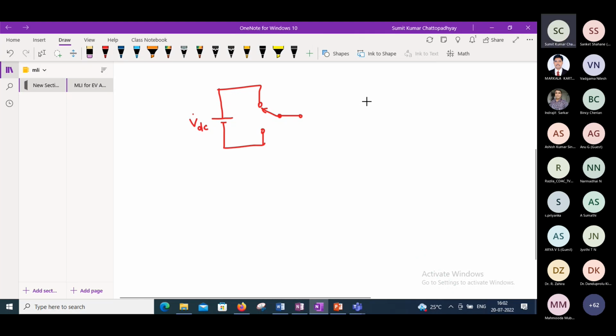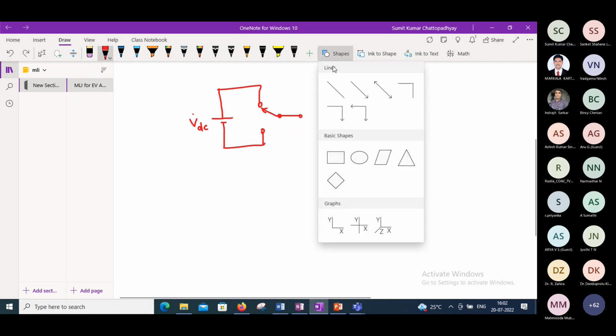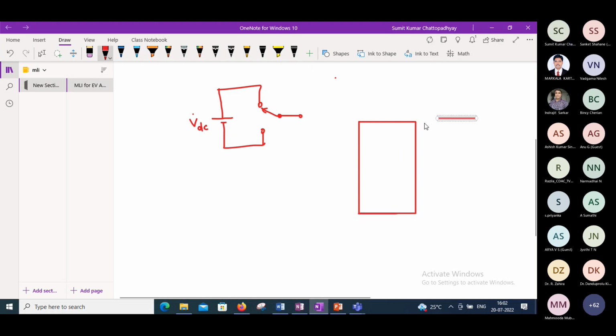And I want all of you to participate. For now, just forget that we are discussing pulse width modulation or any electrical circuit. Just go with the discussion. Assume that here we have a rectangle, arbitrarily taken, and this is a straight line.